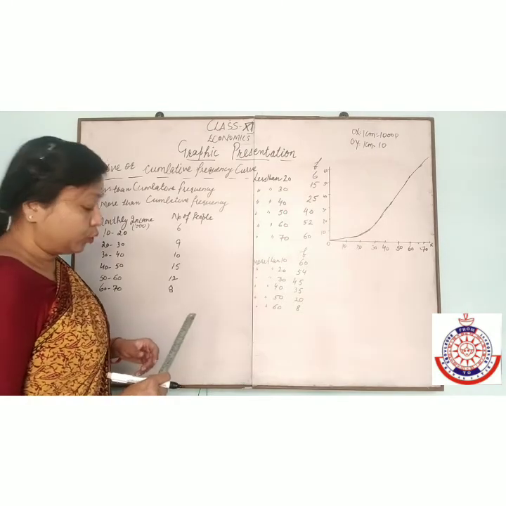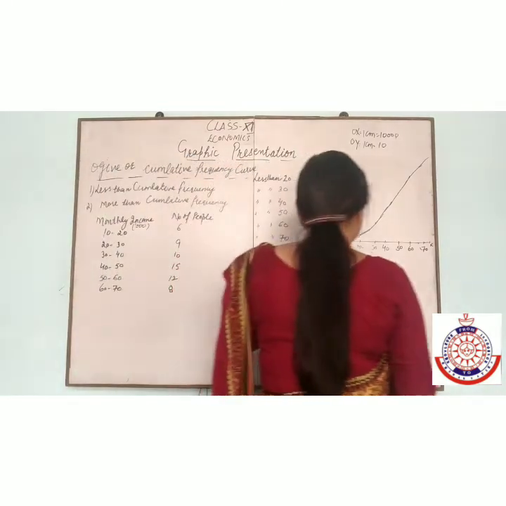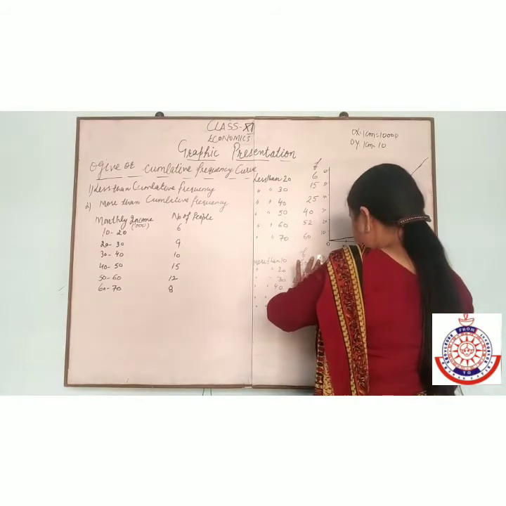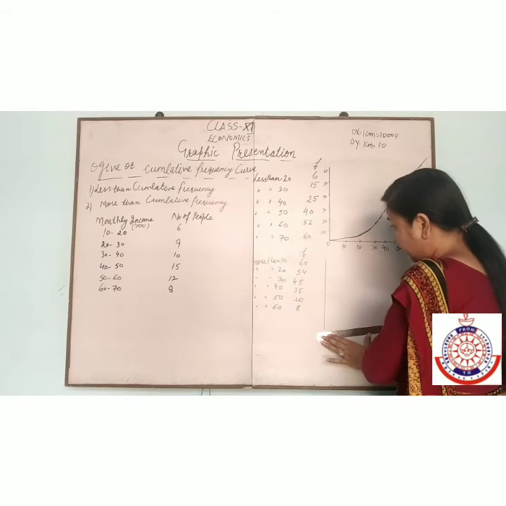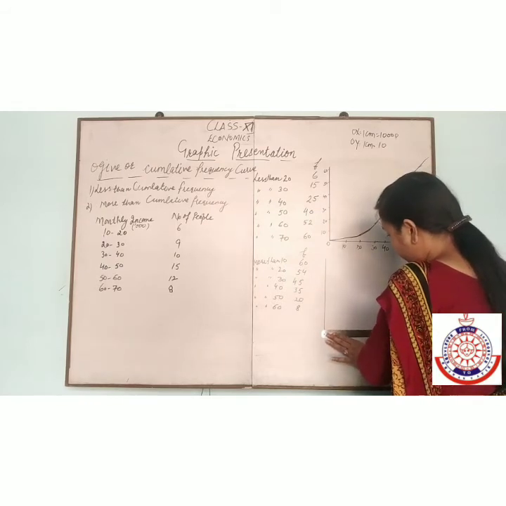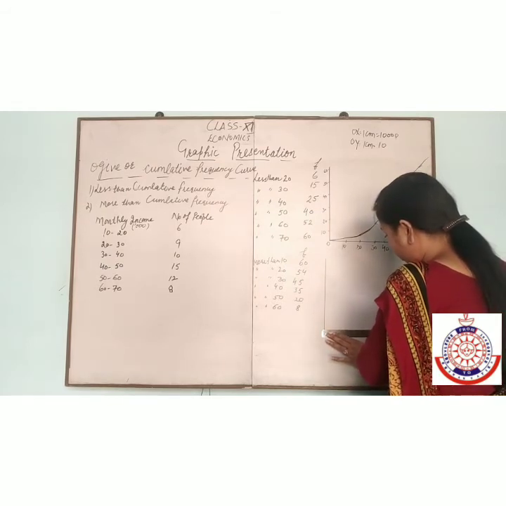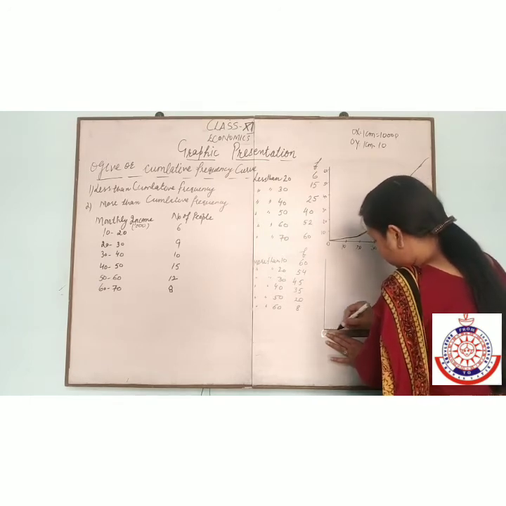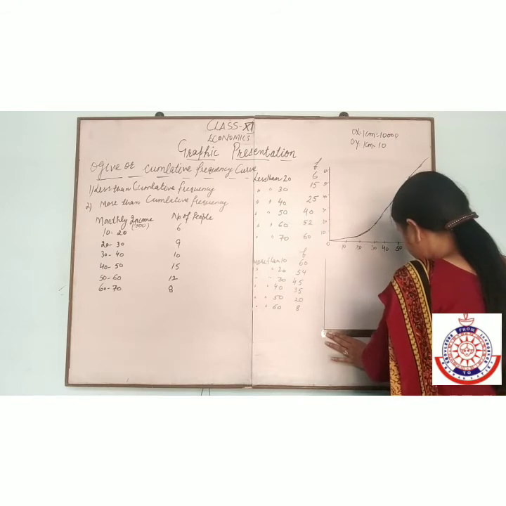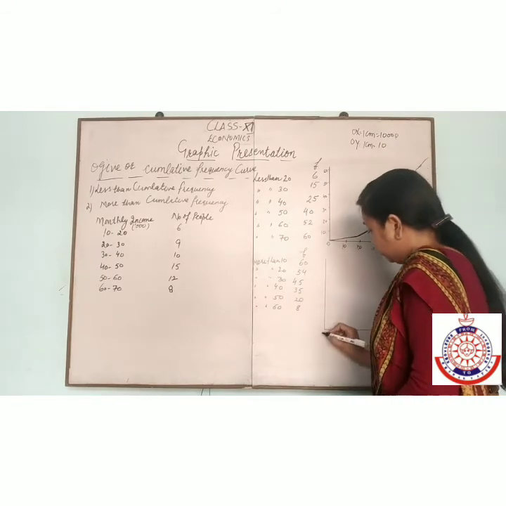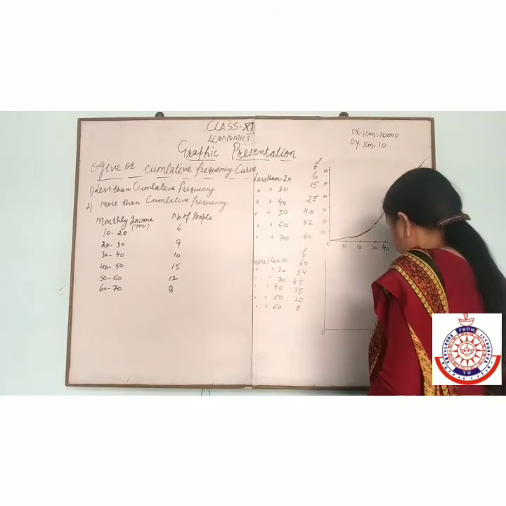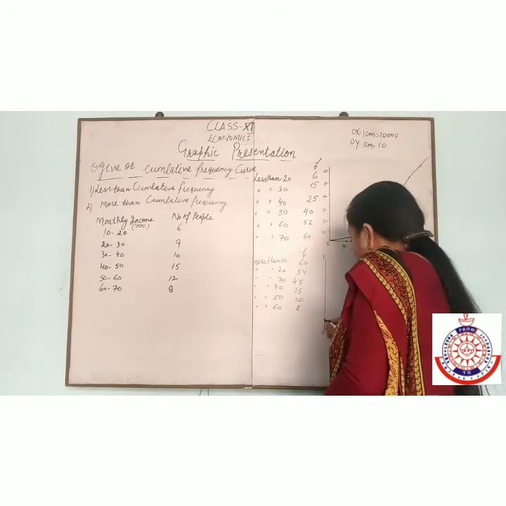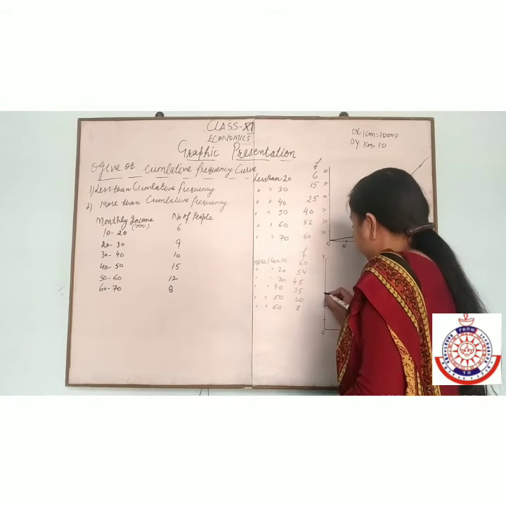Now you have to draw the same diagram. On the OX axis we will take the more than class values, the monthly income, and the frequency on the OY axis. Maximum frequency is 60. Same, we will take a 10-10 gap.